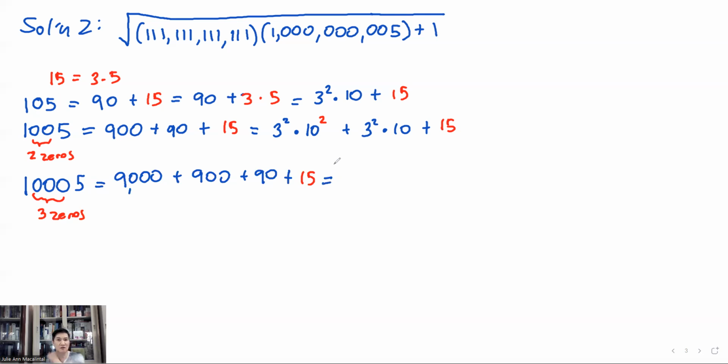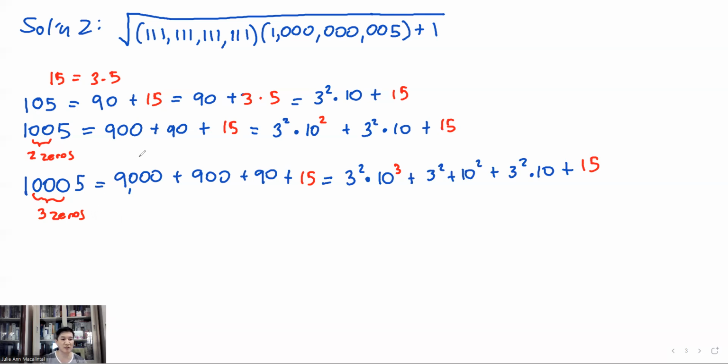So using the powers of 10, this will be 3 squared times 10 to the power of 3, plus, we know that 900 is 3 squared times 10 to the power of 2, plus 3 squared times 10, plus 15. So we're seeing a pattern.